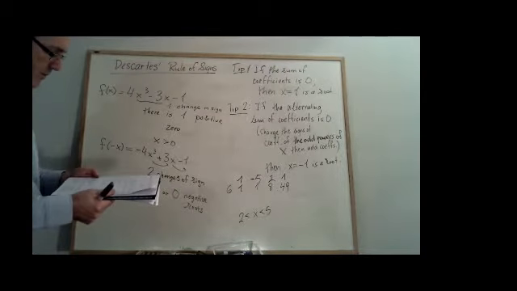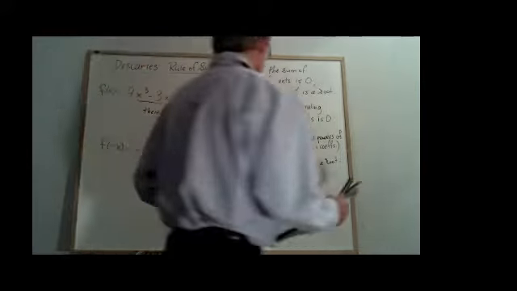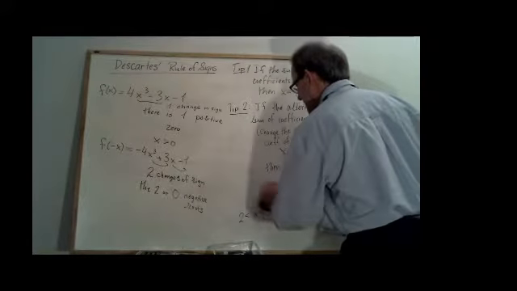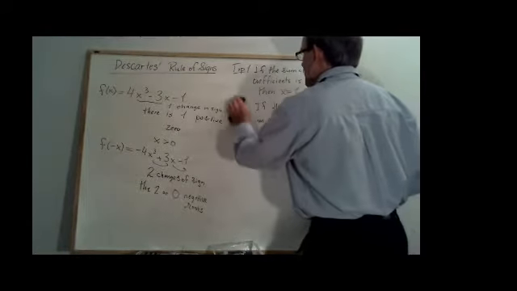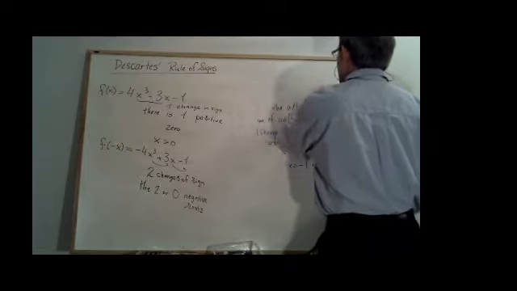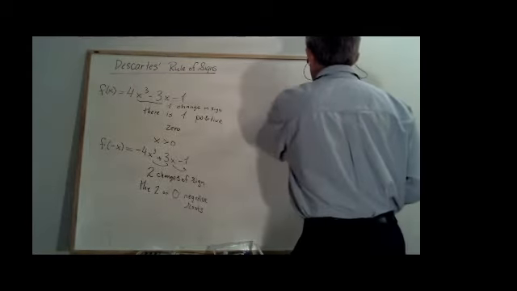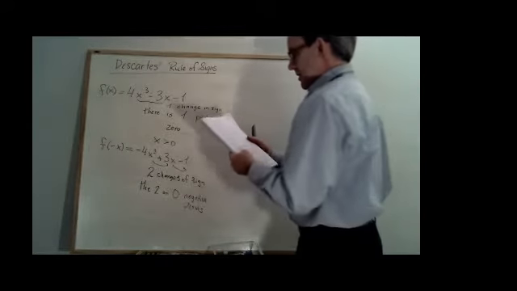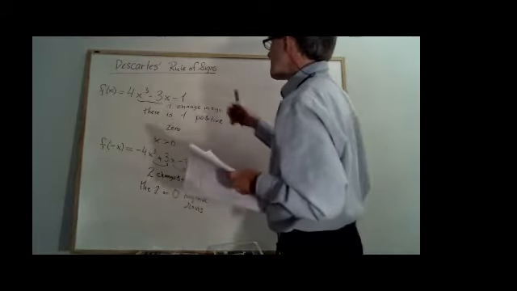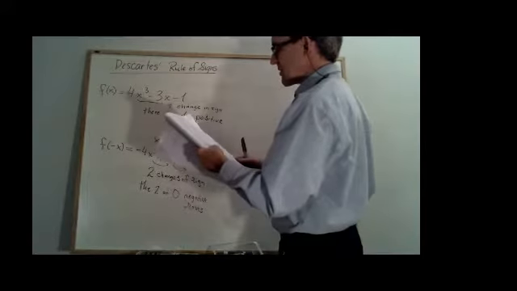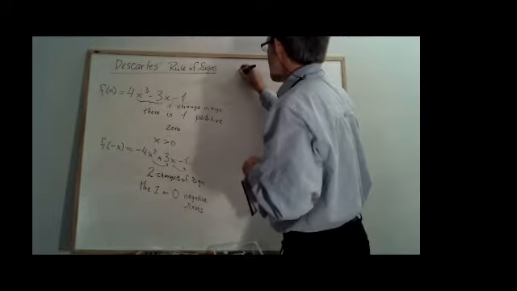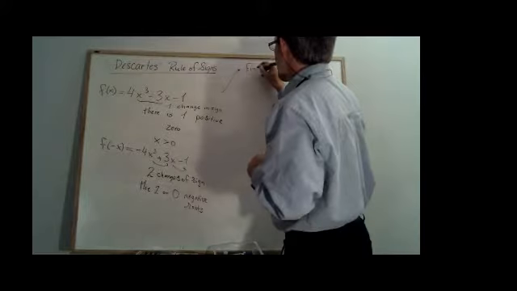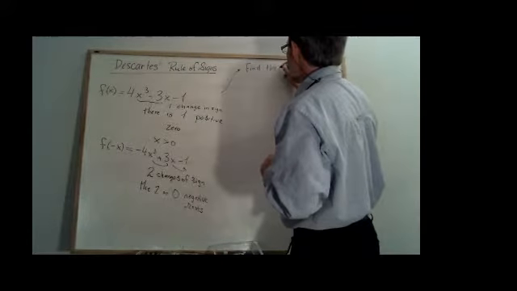Okay, so let's see how that works for these different cases here, for some examples. So for this one, let's find the rational zeros, or the possible rational zeros.